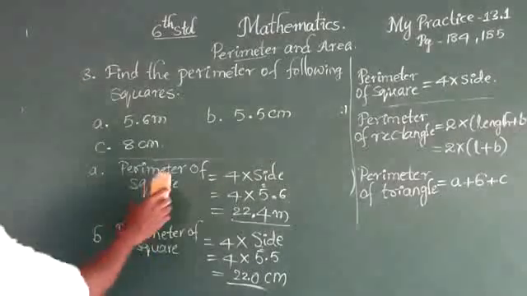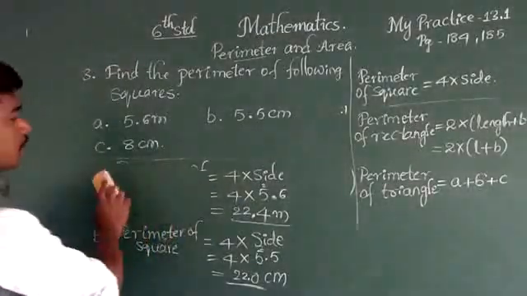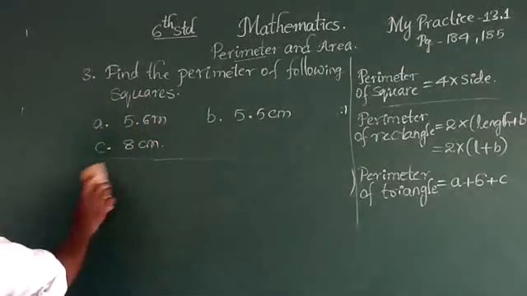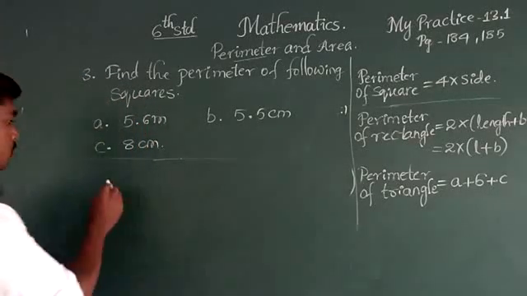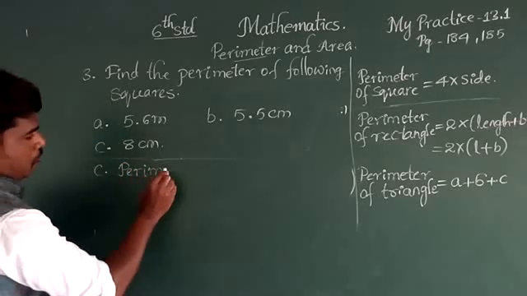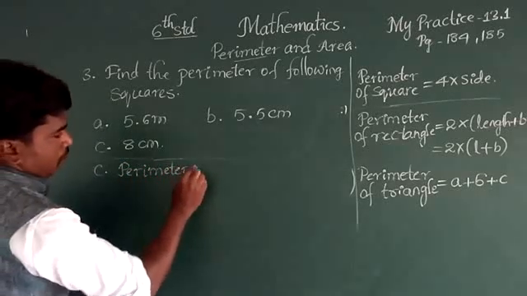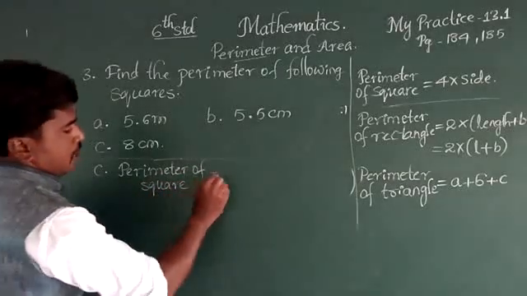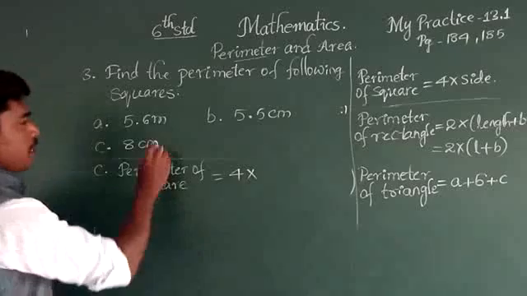And finally the last one, it is C, perimeter of a square is equal to 4 into, what is the side given here?